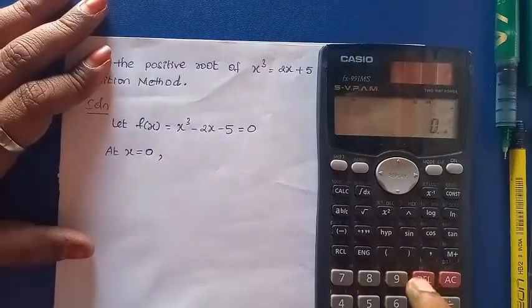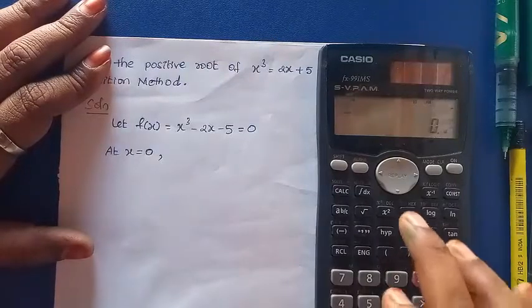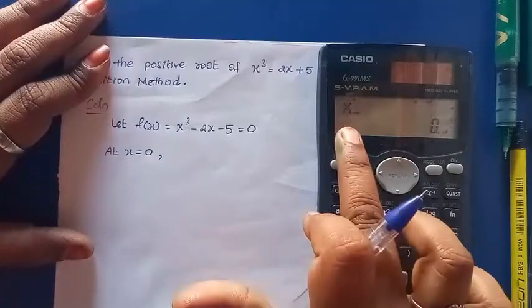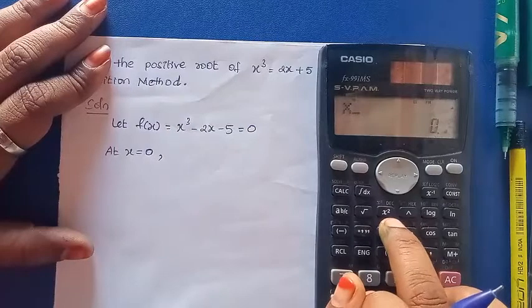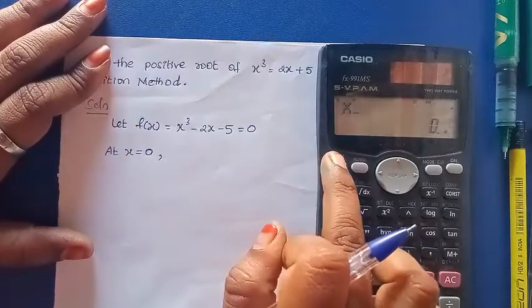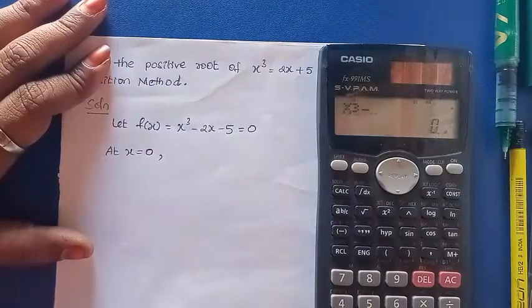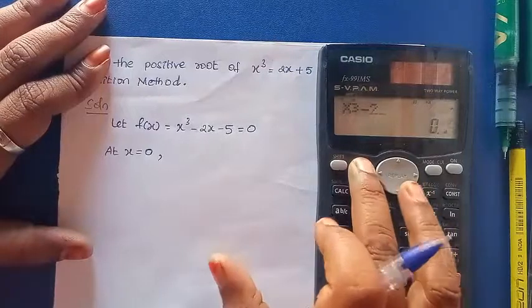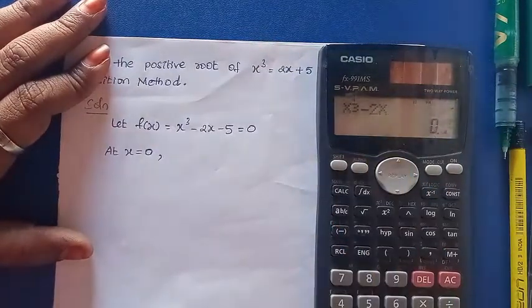X cube: x is near the closing bracket, so to get that in the calculator, press alpha and then this closing bracket, which gives you x. It is x cube here, so to get cube, press shift and then x square, then minus 2x, press minus 2, again you need x there, so alpha plus closing bracket, which shows you x there in the calculator, minus 5.